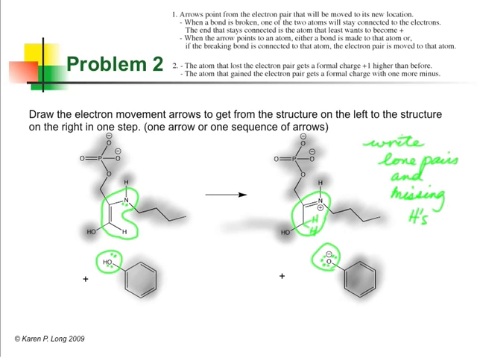Now, let's look at what changed very carefully. At the bottom here, we see that there's an OH on the left and an O minus on the right. Since the O became minus, the bonding pair between the O and the H must have gone to the O. Let's draw out the OH bond here so we can see it, because we're going to have to be looking at the bonding pair and what happens to it.